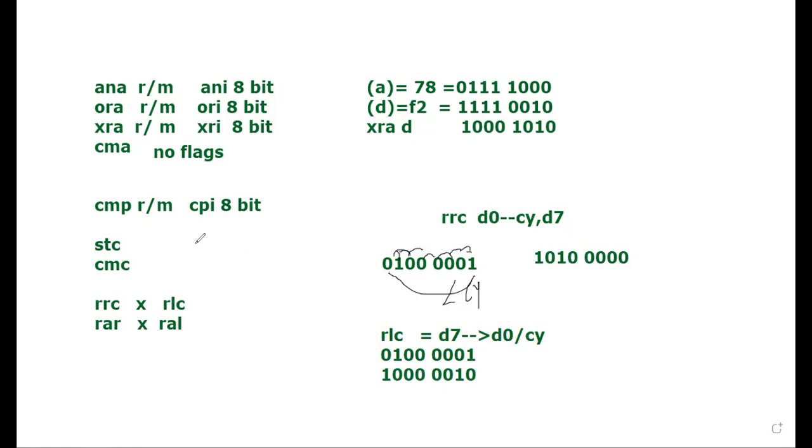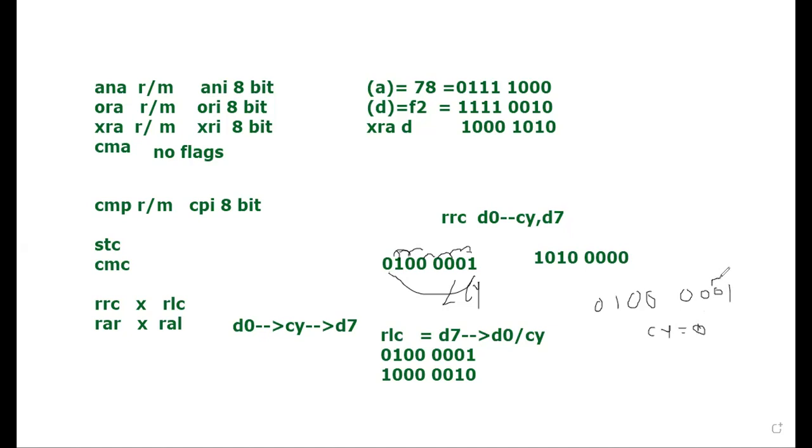Now what happens in RAR and RAL? In RAR, the D0 bit will come out, it will affect the carry, and whatever was the previous carry will go to D7. That is the difference: D0 goes to carry, and carry goes to the D7 bit. So in this case, suppose the number is 0 1 0 0 0 0 0 1, and your carry flag is 1 or 0, for example.